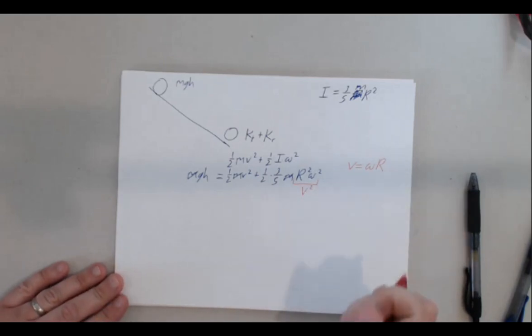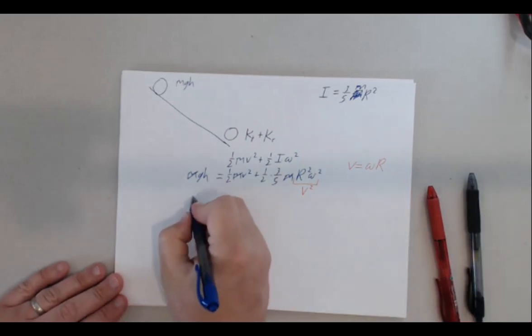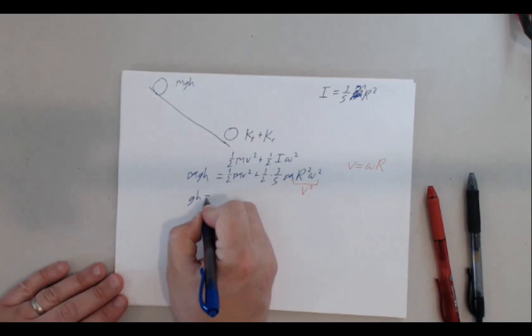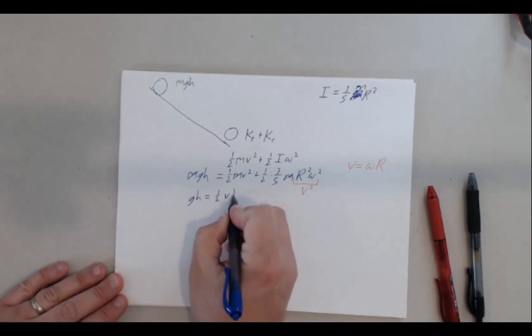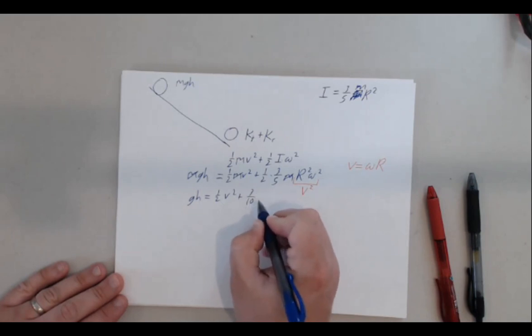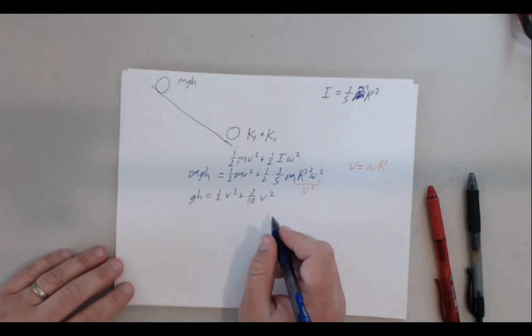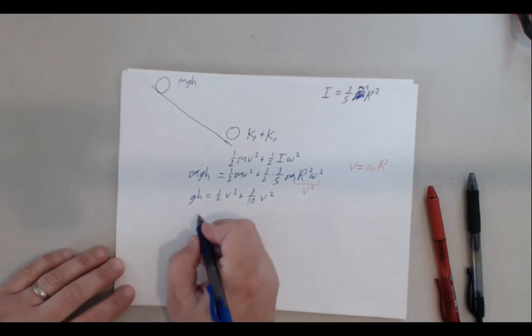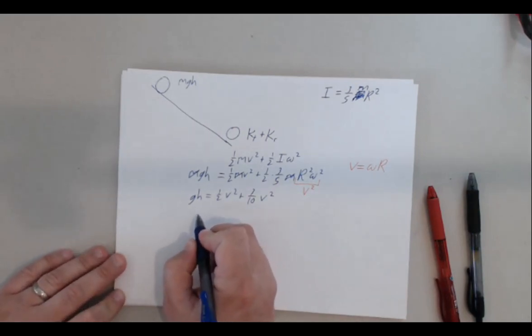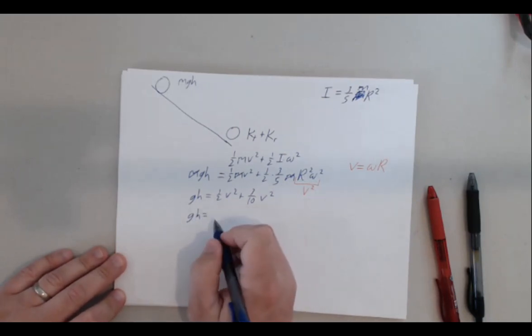which means I can replace this piece with just v squared. Which means now if I rewrite this, I get gh equals 1/2 v squared plus 3/10 v squared. And if I keep going to solve this for v, because that's what I want to do at the end, I can factor out the v squared.